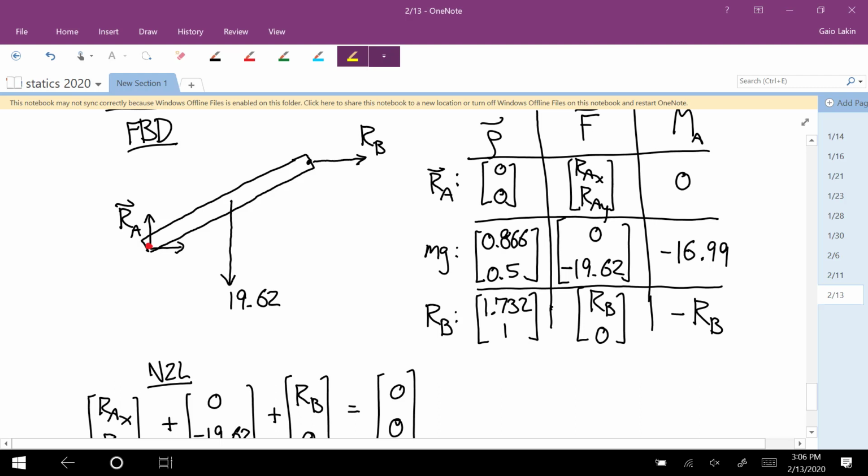In the table, this would be negative RB, 0. You go through your calculation, find out that your RB value was positive 16.99, and then when you plug positive 16.99 back into your negative RB, 0, you get the same vector that I have. So it works out fine either way. Any questions about that one?